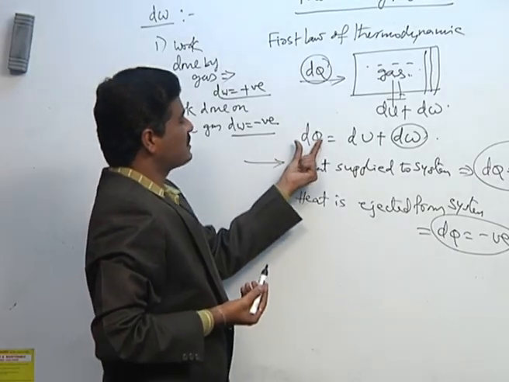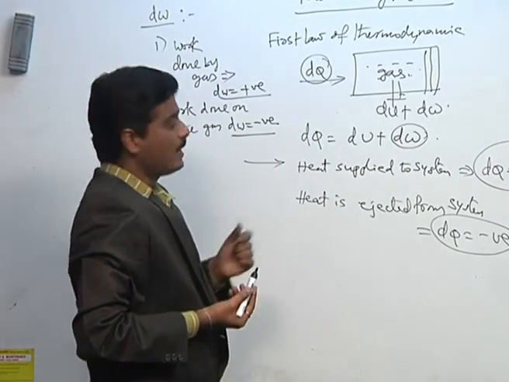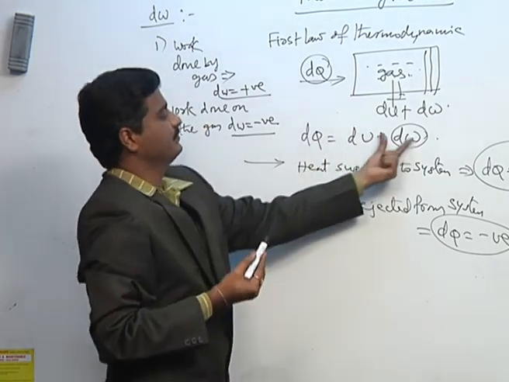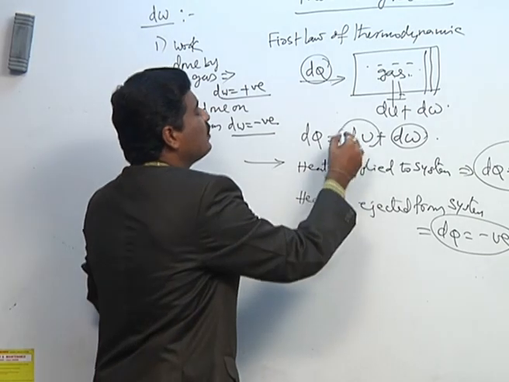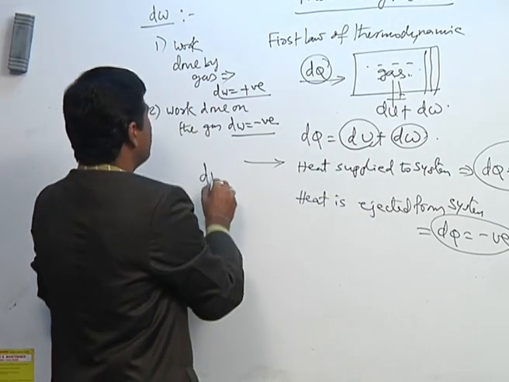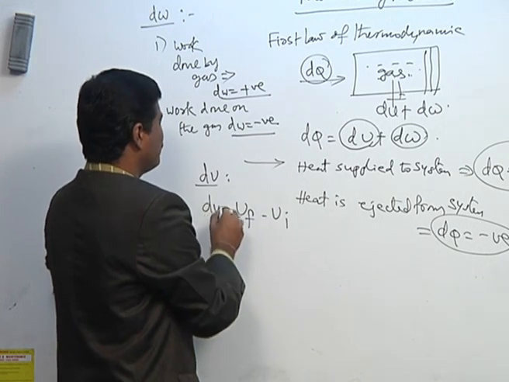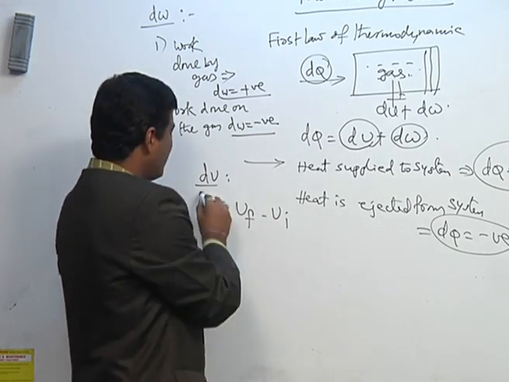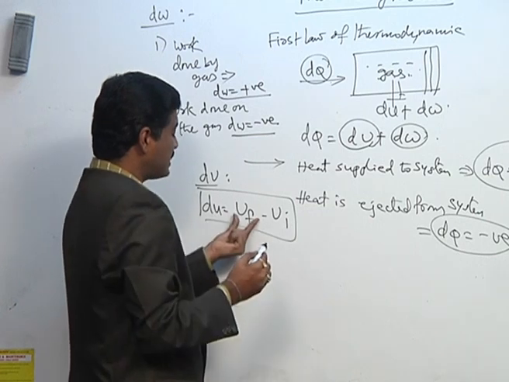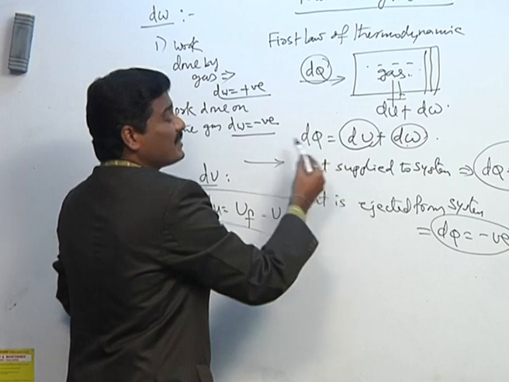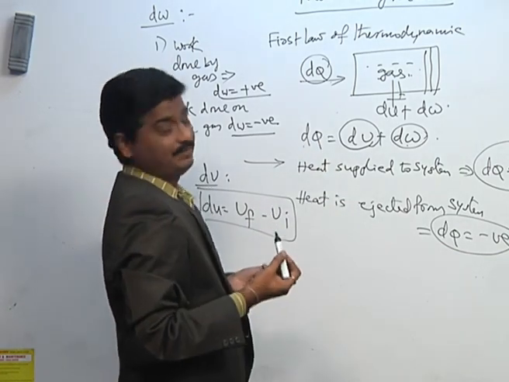This is about the assumptions of dq and dW here. Both dq and dW depend upon the path. What about the dU here? It only depends on the initial and final position. So dU we can write as U_f minus U_i. It only depends upon the initial internal energy and final internal energy, whereas dq and dW depend upon the path.